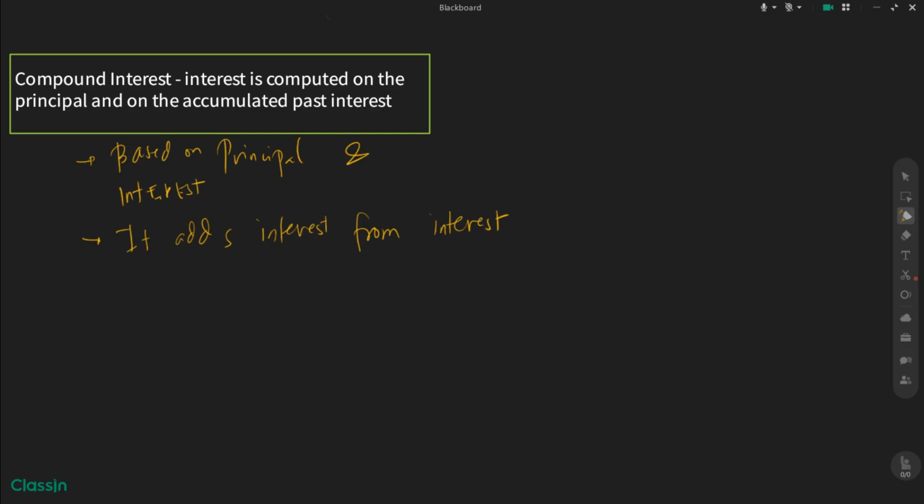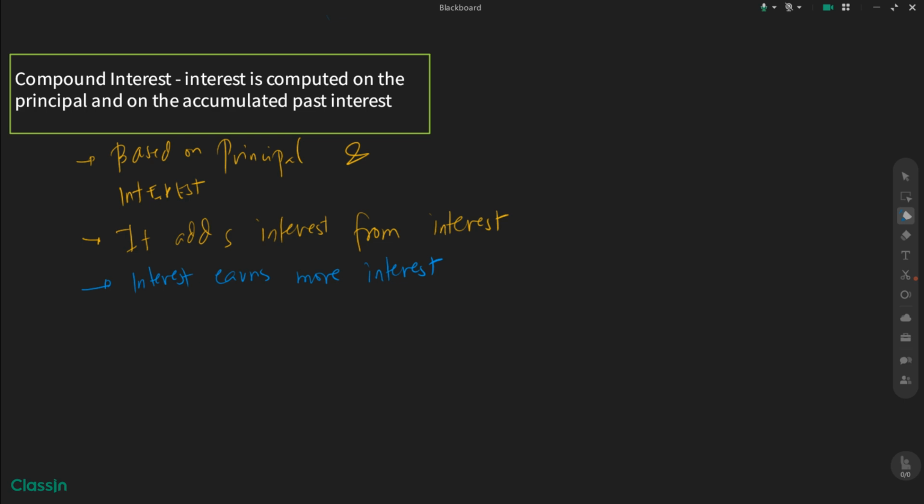So this means that interest earns more interest, causing faster growth. Again, for compound interest, it is based on principal and the interest that you've earned for the last month or for the last year.